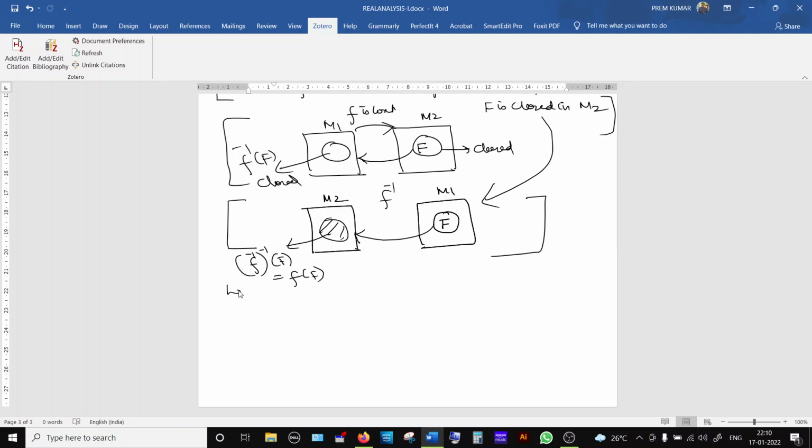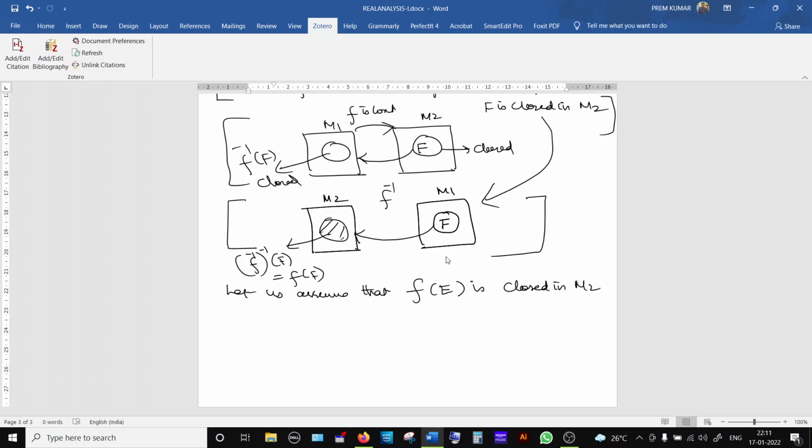Now let us assume that f of E is closed in M2. I am going to use this result directly here.